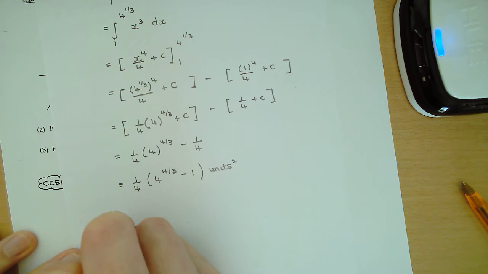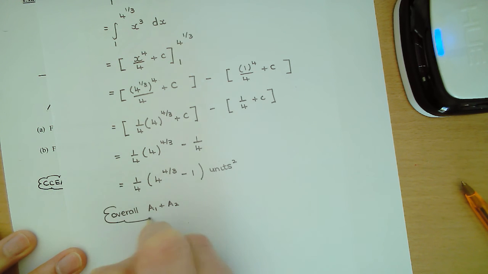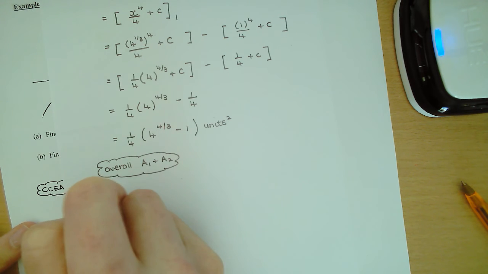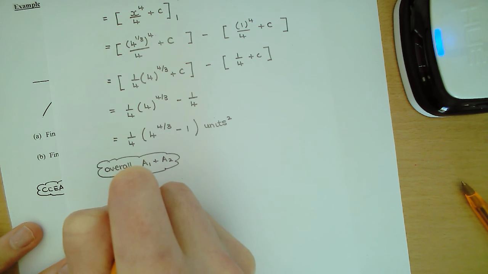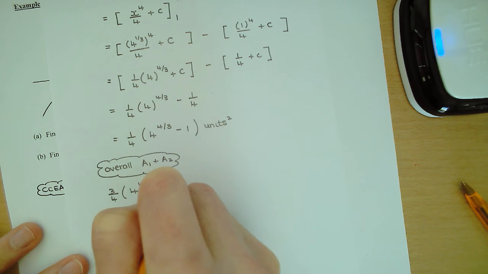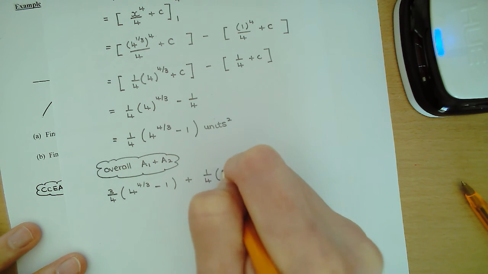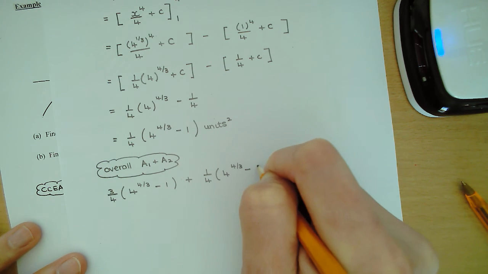So overall, A1 plus A2. So remember, A1 was 3/4 of 4 to the power of 4 thirds minus 1, and then we're adding on 1 quarter of 4 to the power of 4 thirds minus 1.